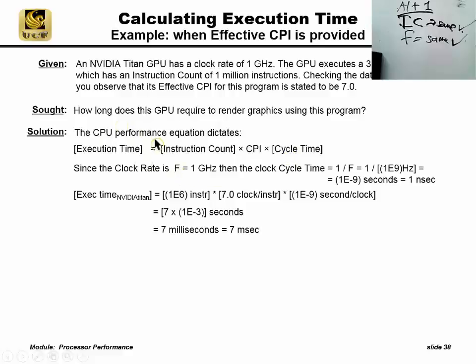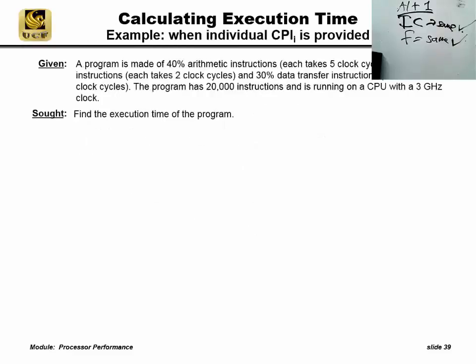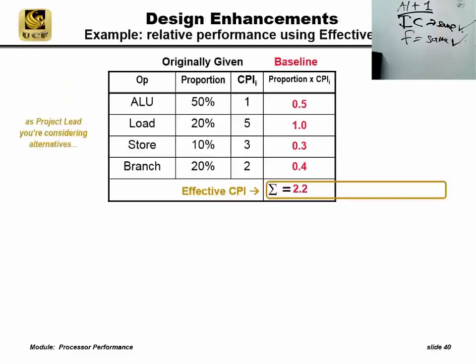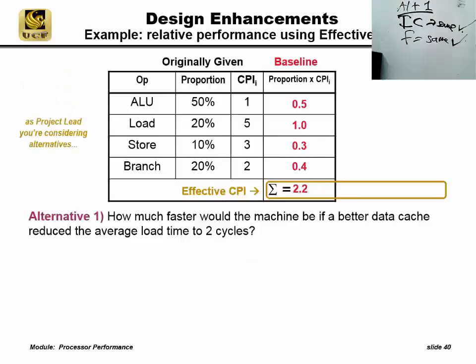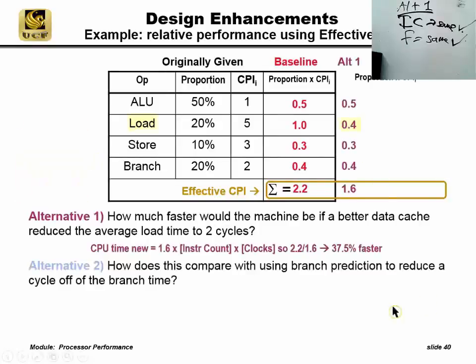If I'm doing the ratio of different executions, and I leave this the same and leave this the same, I just change CPI, the ratio of CPI is going to tell you the ratio of execution times. Everything else remains constant. They cancel out for a ratio. So that's what we see happening here. So this is very cool to me. Without actually running this program, I can tell you if you make this change, it will be 37.5% faster. That's amazing.